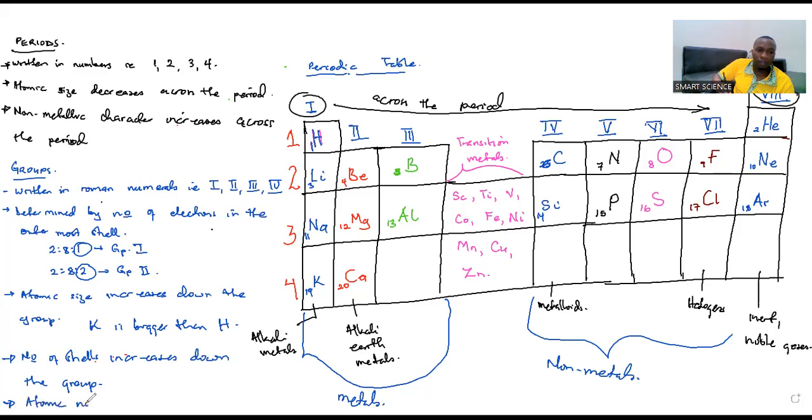Atomic number increases down the group, among others.